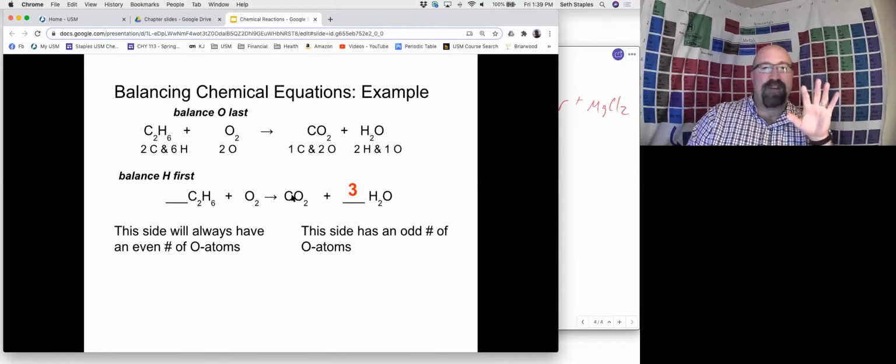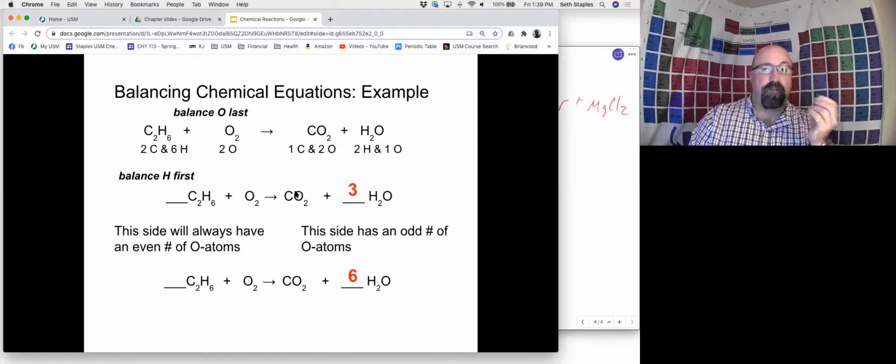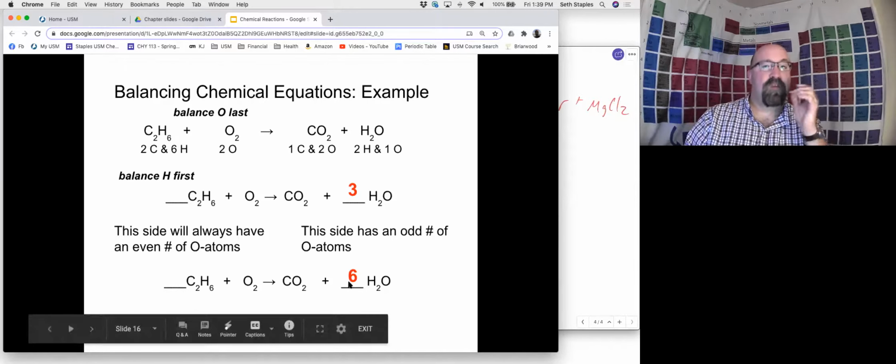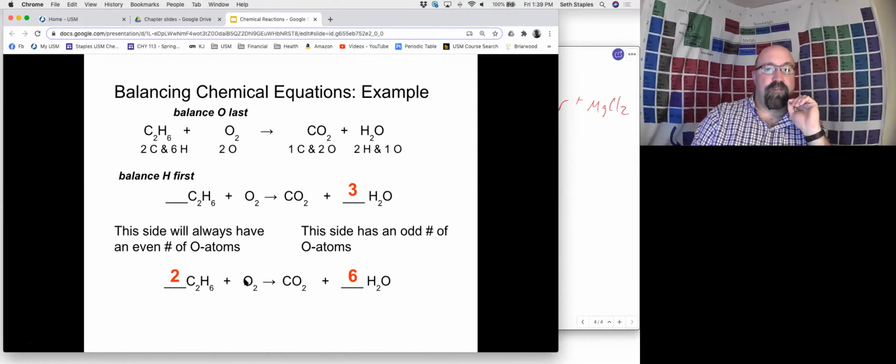If we leave this odd number, there's nothing we're going to be able to do to fix our number of oxygens. If you run into that, go ahead and just double what you've already done for the water. Put a 6 here instead. That way it gives us even numbers to deal with, because we know we're going to need even numbers on this side. And so then we can go through and fix some other things.